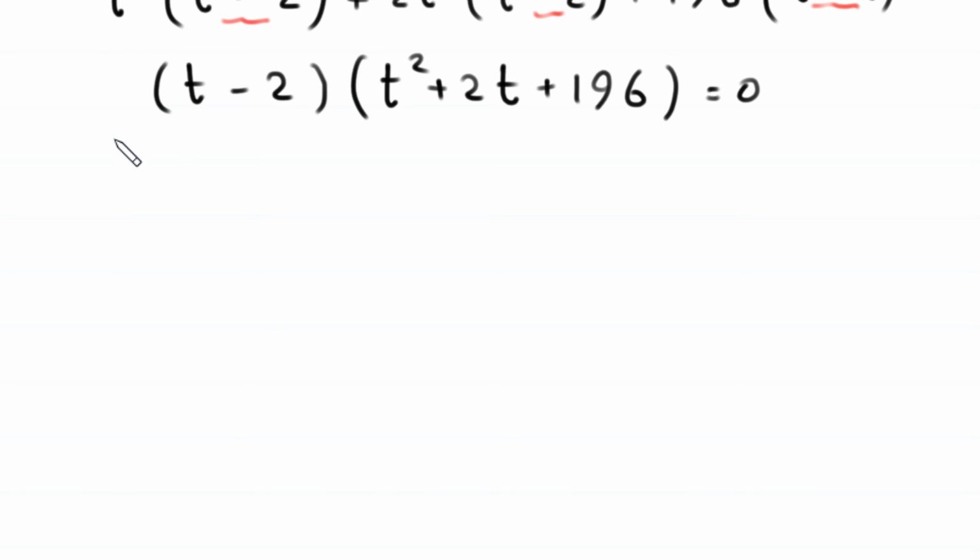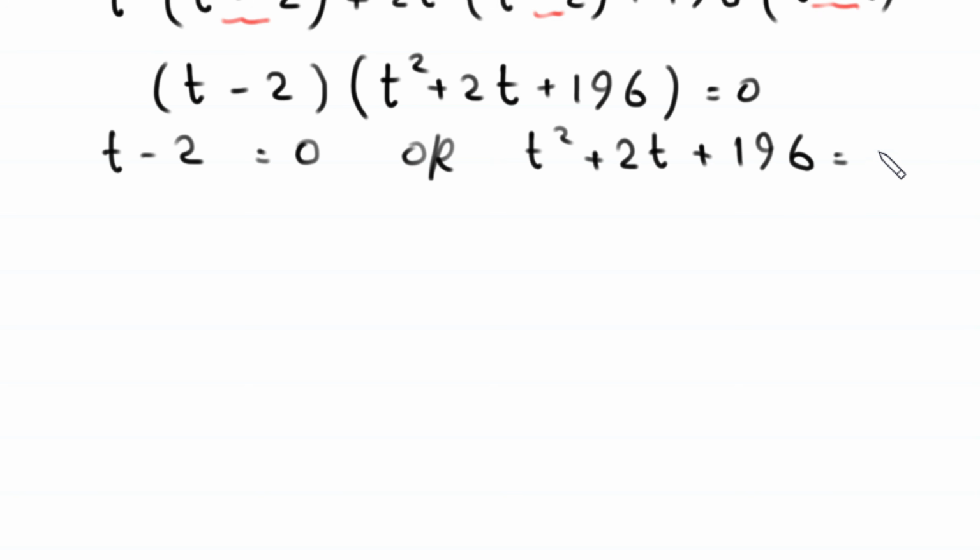Either this expression t minus 2 equal to 0 or this second factor t squared plus 2 times t plus 196 equal to 0. From this equation t will be equal to 2, and from this quadratic equation we solve this equation by completing the square method.